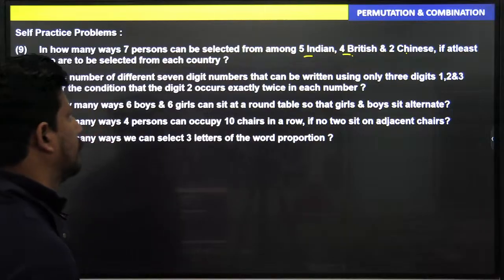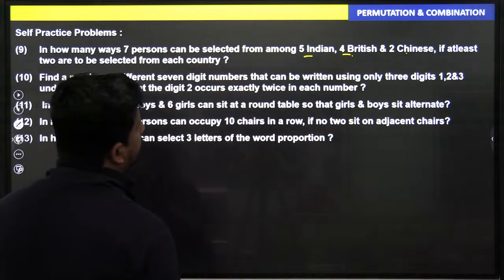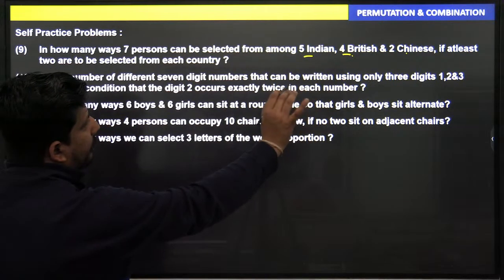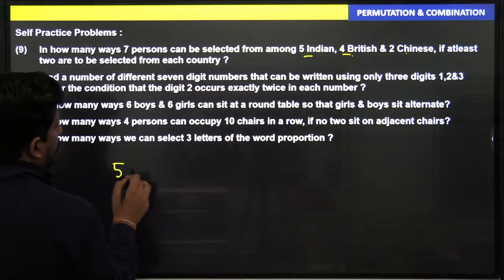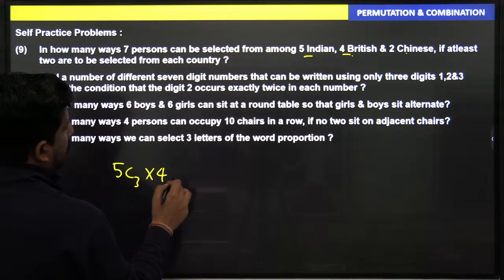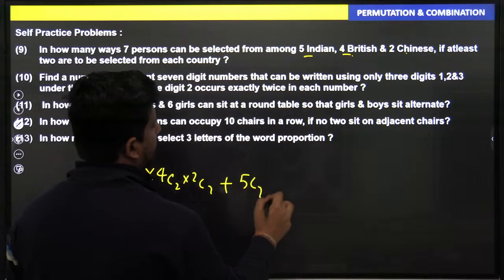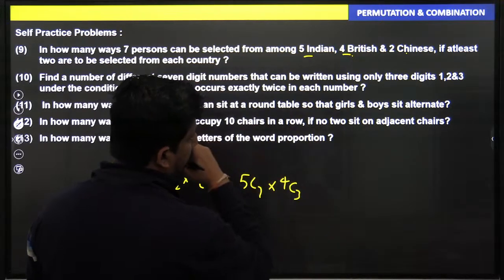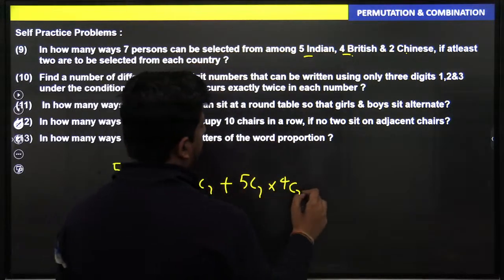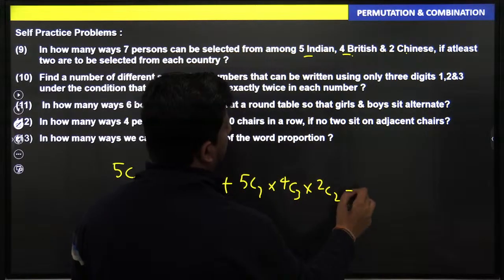I am telling you that because 2 are to be selected everywhere now, so you can select here also 5C3, 4C2, 2C2 plus 5C2, 4C3 and 2C2.